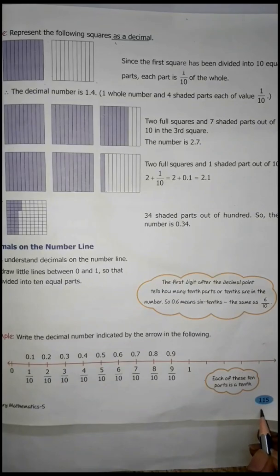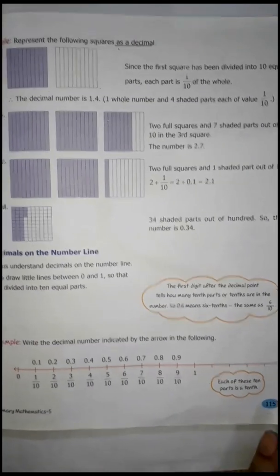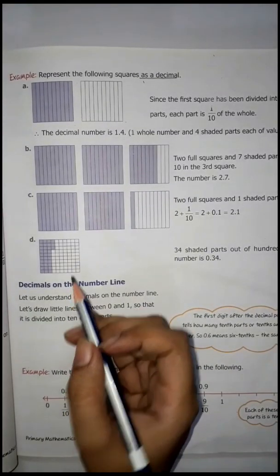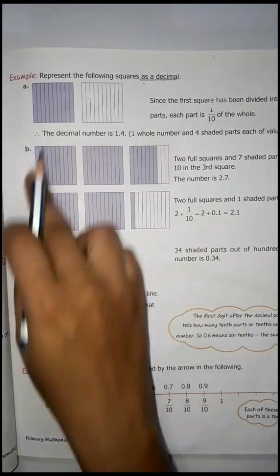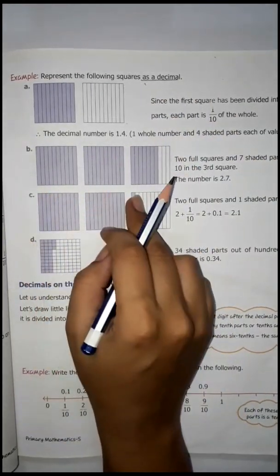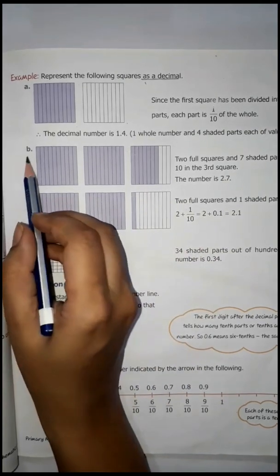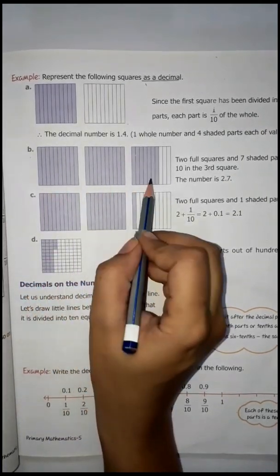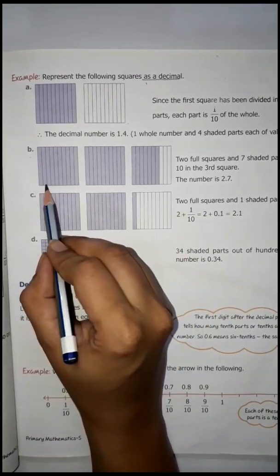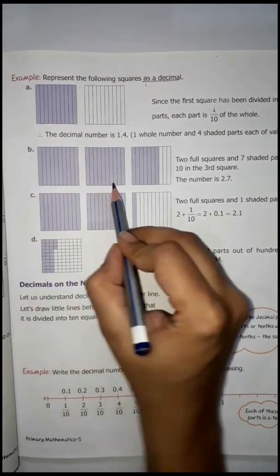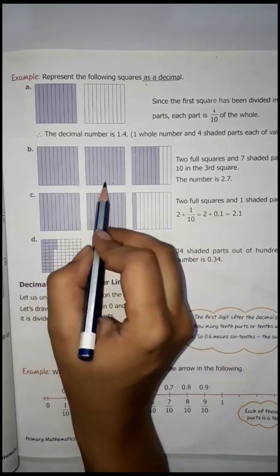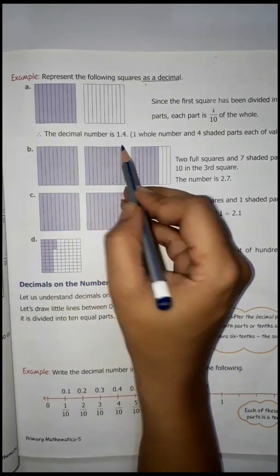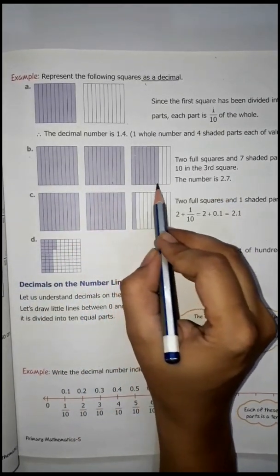Children, now turn the page, open page 115. See the example. You have to write as a decimal the fraction, the decimal form of this shaded part. We will start with part B. See, this figure is given. In these three figures, how many parts are there? 10 parts each. In these two, the whole figure is colored, but in this, 7 parts are colored.